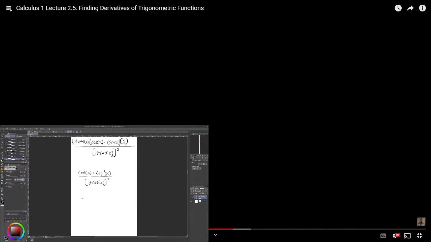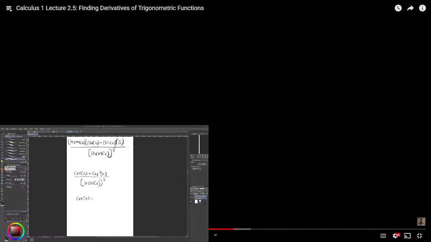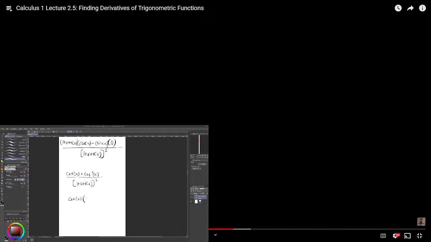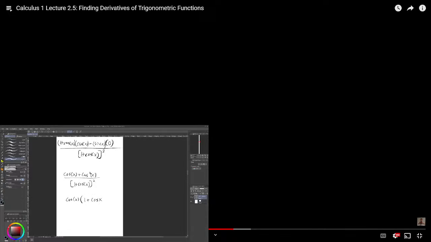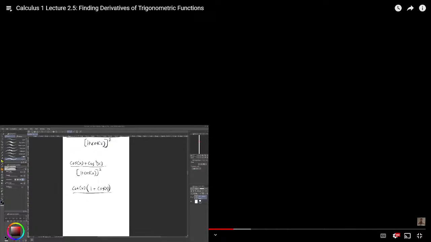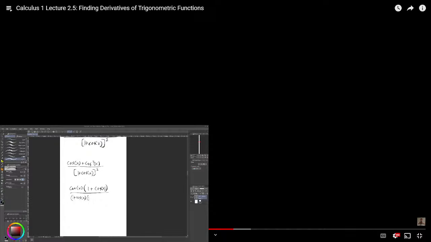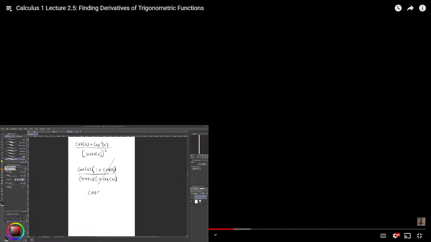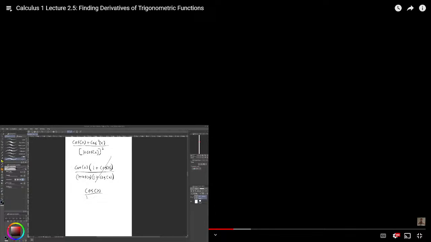You can factor this out, couldn't you? Factor out a cos x. Cos x over 1 plus cos x.